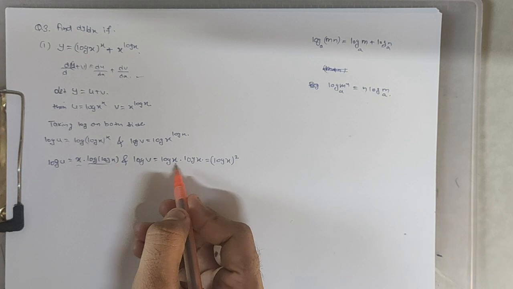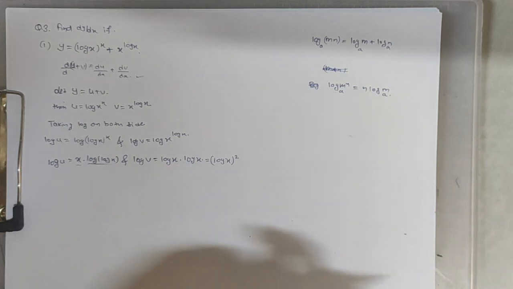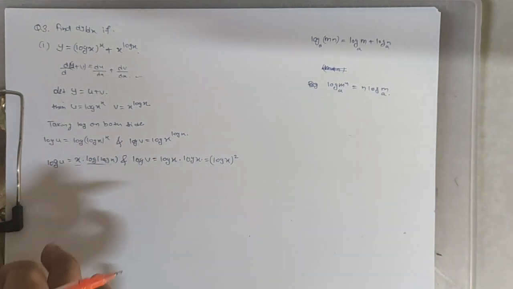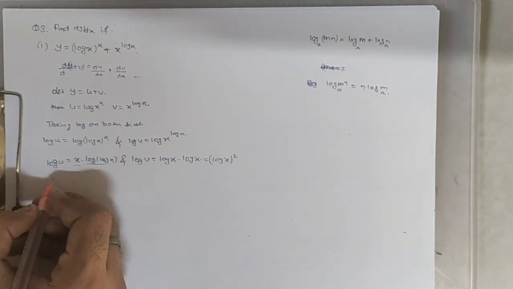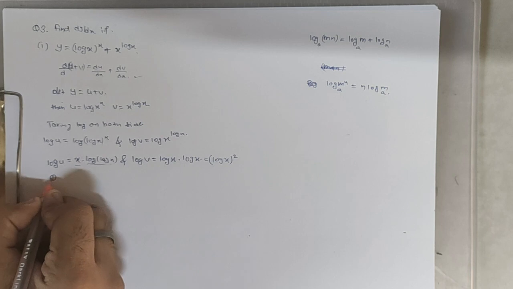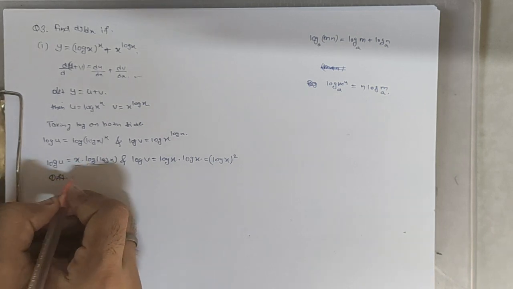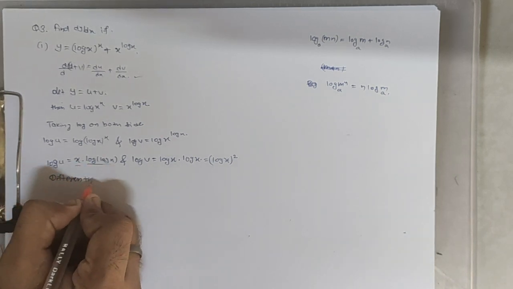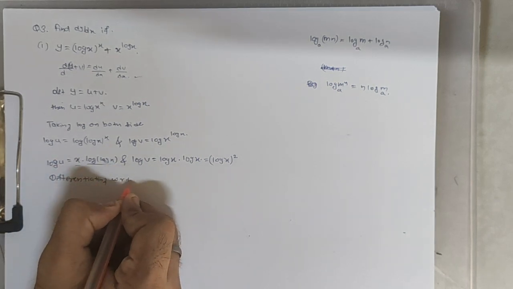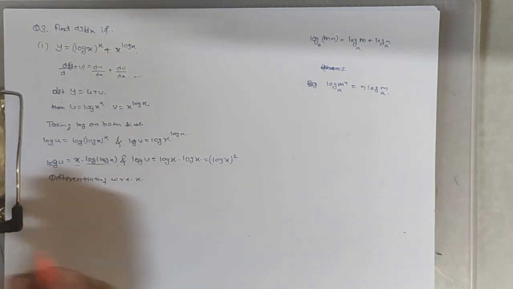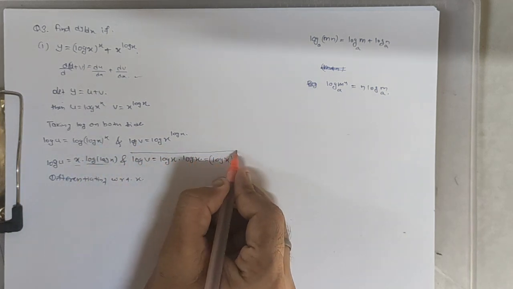So now we will differentiate log u and log v one by one, with respect to x. First we will differentiate u.